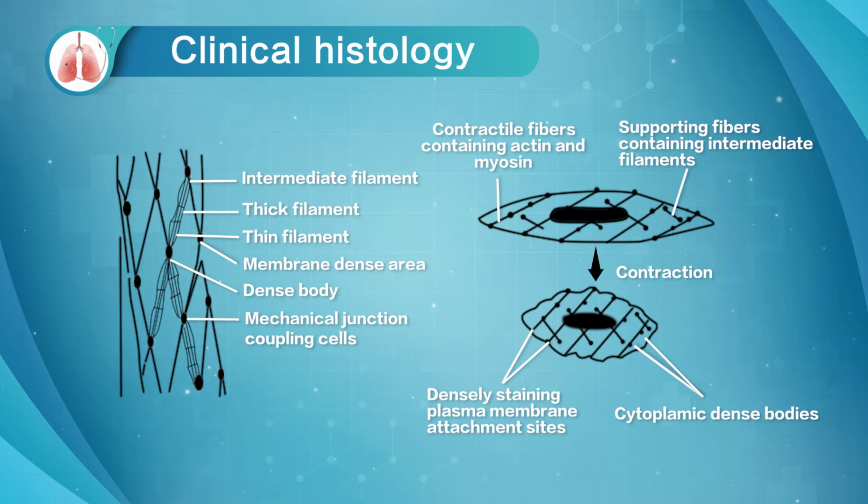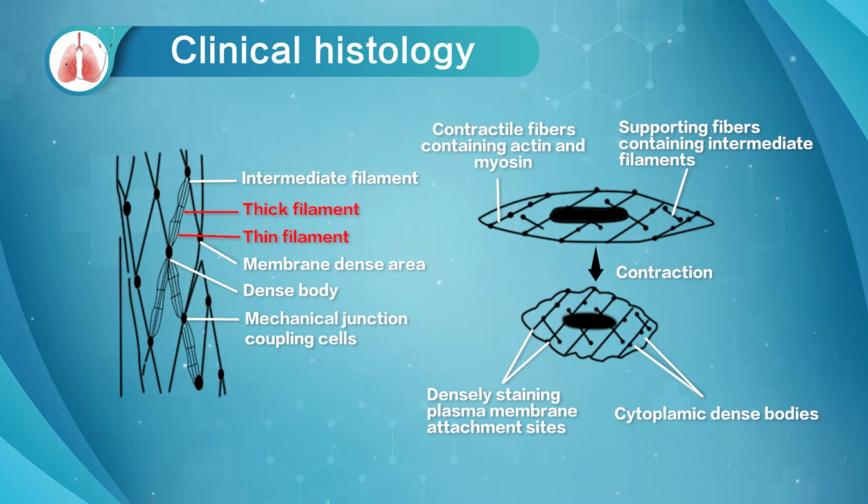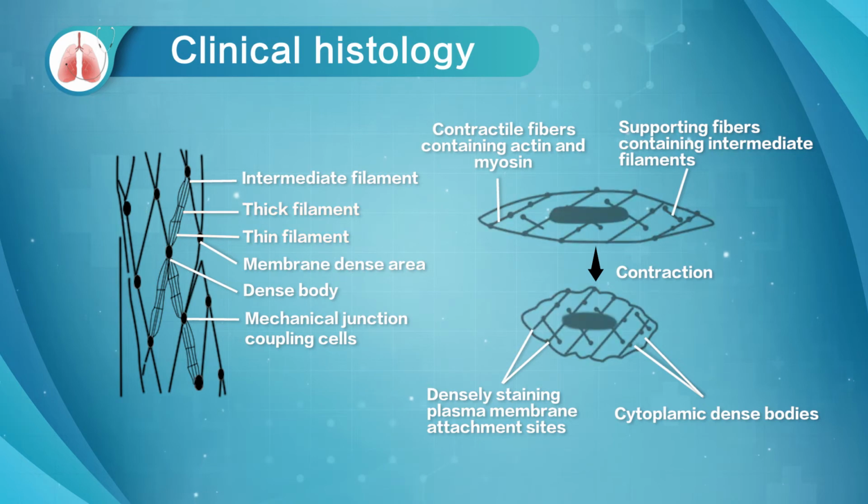As mentioned above, at the basic level, smooth muscle contraction also relies on the sliding of thin and thick filaments, just as in the skeletal and cardiac muscles. As shown on the right, the force generated by the sliding of thin and thick filaments drags the dense bodies or dense bands closer to each other.